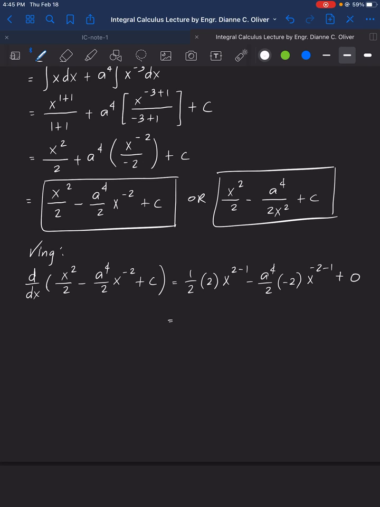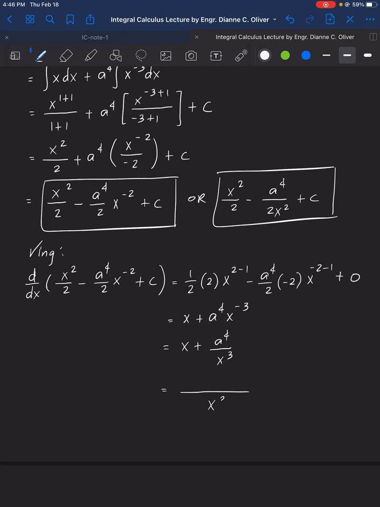Cancel 2, so what's left is x minus, or should I say plus, cancel 2, what's left is a raised to 4 times x raised to negative 3, which is equal to x plus a raised to 4 all over x raised to 3.